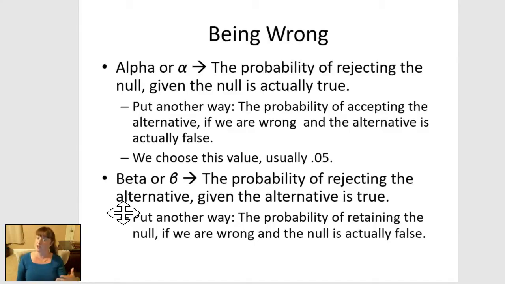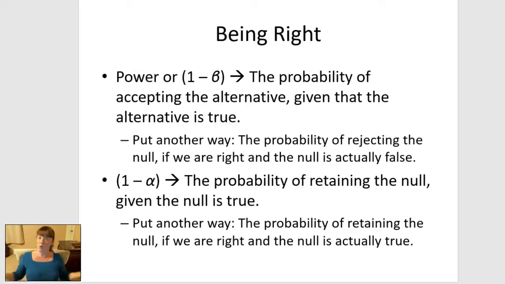But if you choose to fail to reject the null, if you retain the null, that could also be a mistake, because the null could actually be false. The probability of that is beta. But no matter what decision you make, you could in fact be making a correct decision.